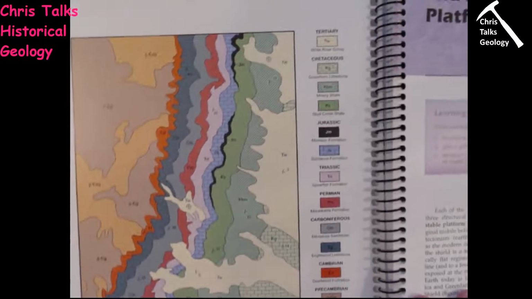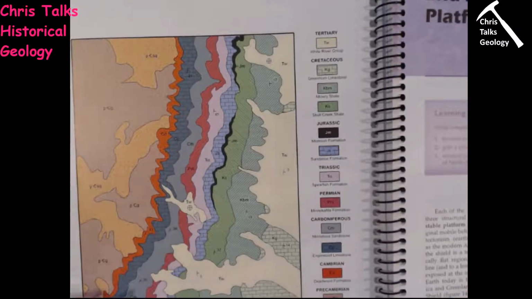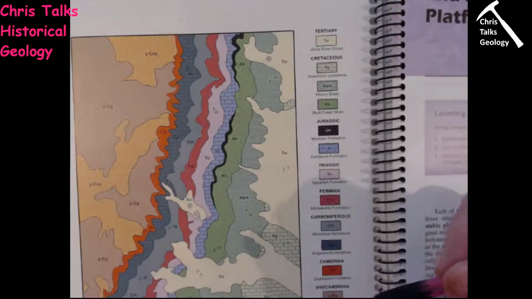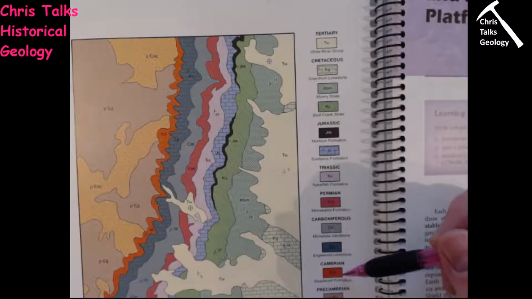Okay. So obviously we can see we have our layers of rock. The Englewood Formation here in green. And we have the Deadwood Formation here in orange. So what can we say? Well, we know that the Deadwood Formation existed in the Cambrian. So, when did the Cambrian start?